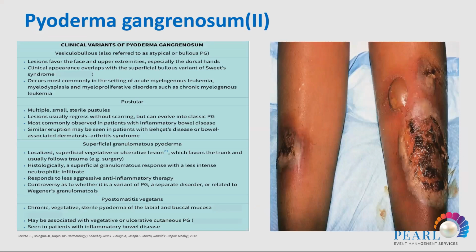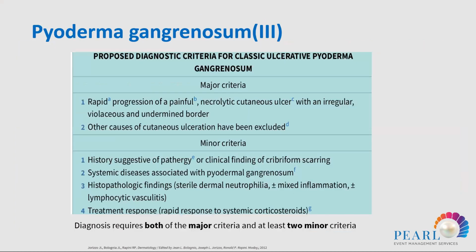Again, I'm not going to go through the clinical variants, but for our reference, there could be the vesiculobullous type, the pustular type, the superficial granulomatous pyoderma, and pyostomatitis vegetans. In order to make the diagnosis of pyoderma gangrenosum, there is a criteria with major and minor criteria. Patients need to fulfill at least 2 of the major criteria and at least 2 minor criteria.